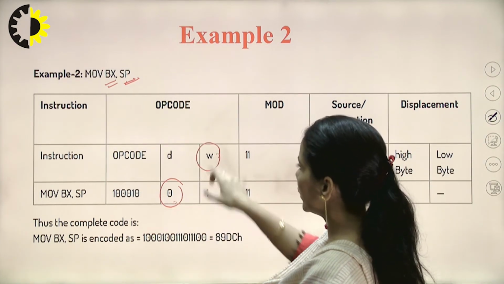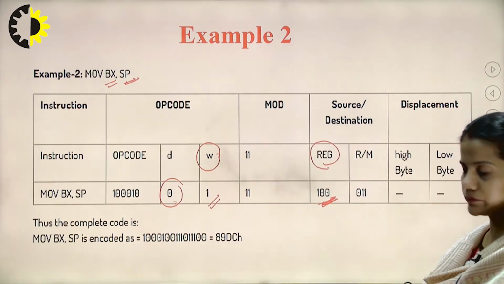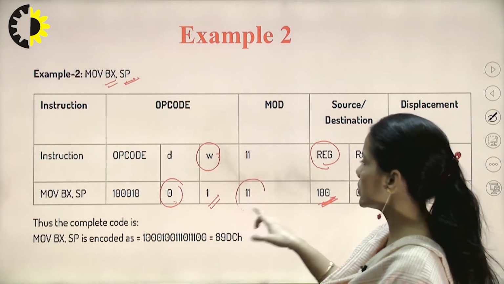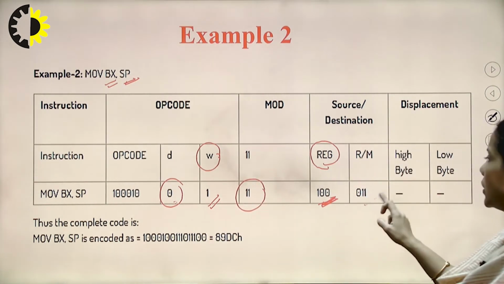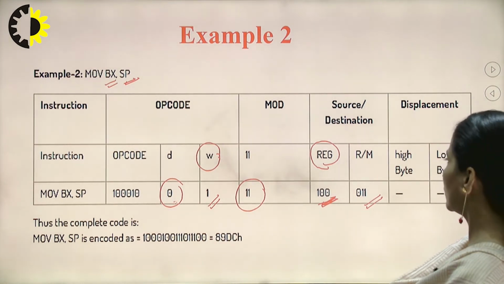Now, again word, since we are working with the word, this is 1. In this way this format is specified. So, this is again mode 11 for register to register mode, and this is the destination register 011.